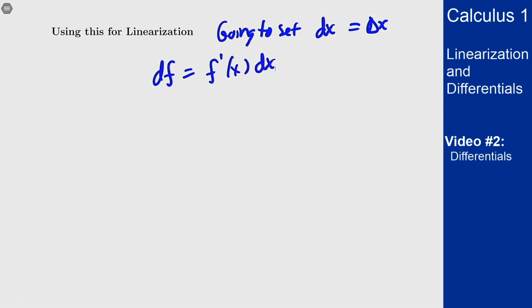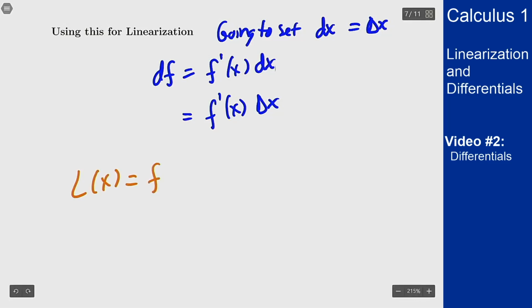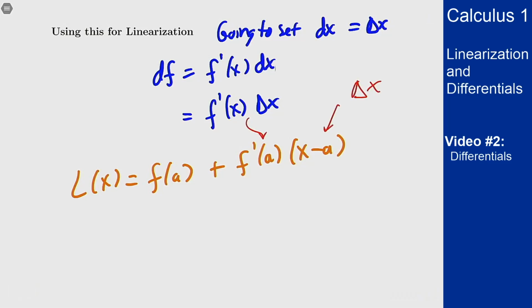But now if I set dx equal to some change in x, or a delta x, this becomes f prime at x times delta x. But this here looks a lot like our linearization. Our linearization had that L of x was f at a plus f prime at a times x minus a. I replace this x by an a, that's fine. And this here is really a delta x. It's a change in x values from a to x.